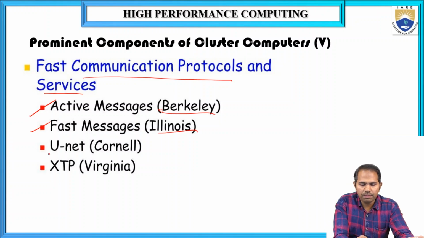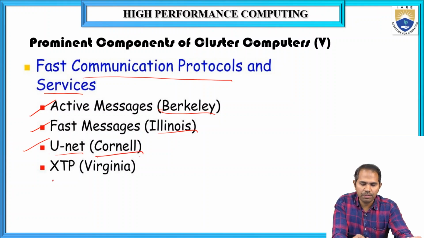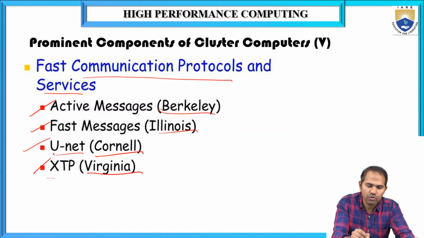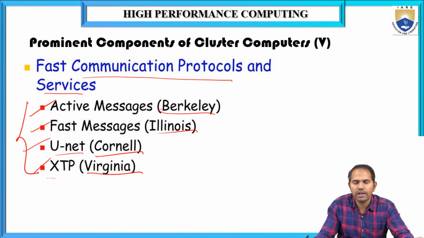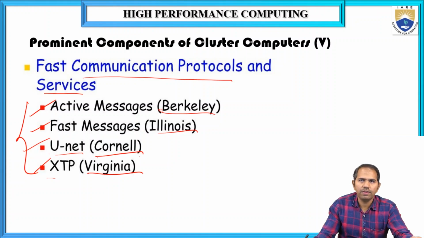Next, U-Net. U-Net is also one of the fast communication protocols. Then the kernel, and XTP, these are used too. So for fast communication protocols and services, we use Active Messages and Fast Messages. This is the fifth prominent component of cluster computers.